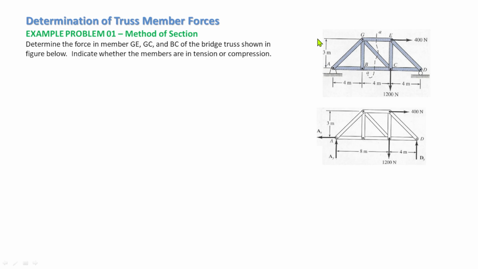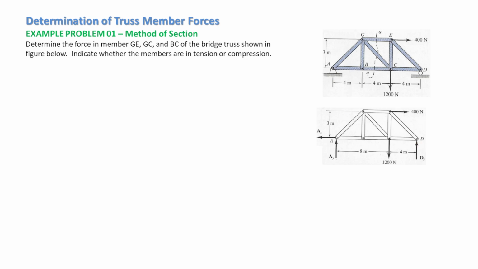The height of the truss is 3 meters. We have equal bays at 4 meters on center. So this is the free body diagram of the truss. We have the horizontal and vertical reactions at support A, and we have the vertical reaction at support D.